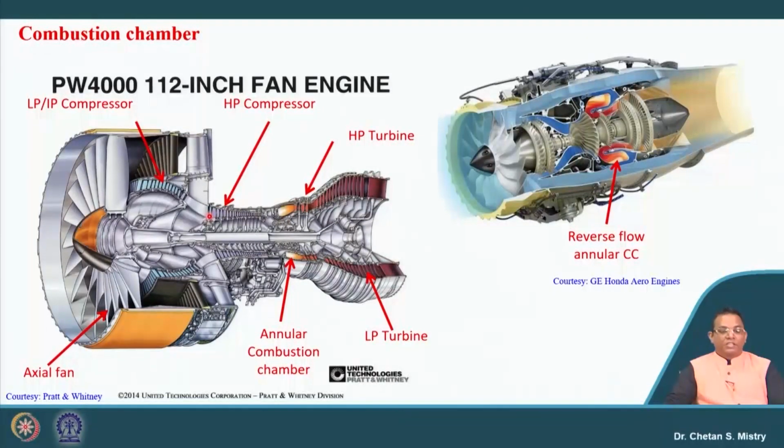Here in this case, my flow in the compressor enters axially and leaves also axially. So in order to have my flow enter axially in the axial flow turbine, I need to design my combustion chamber with a different shape, and this is called a reverse flow annular combustion chamber.